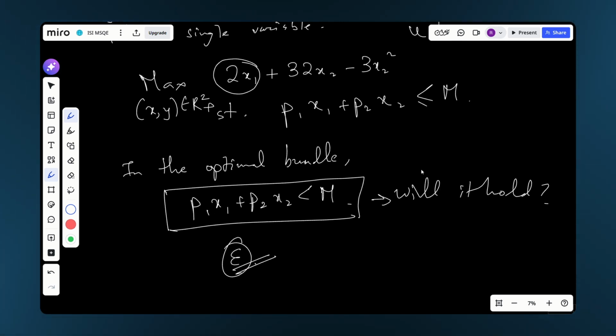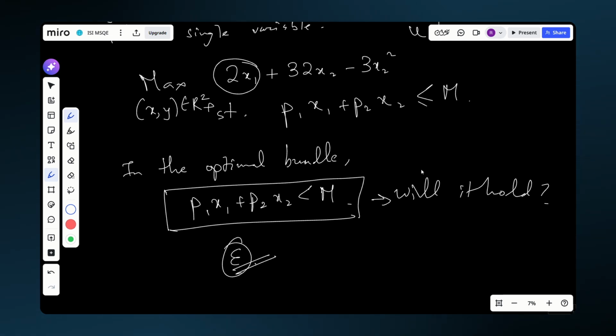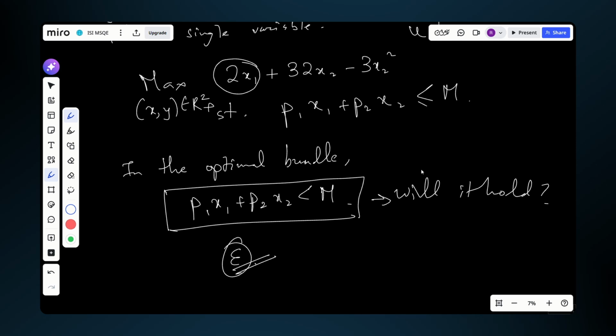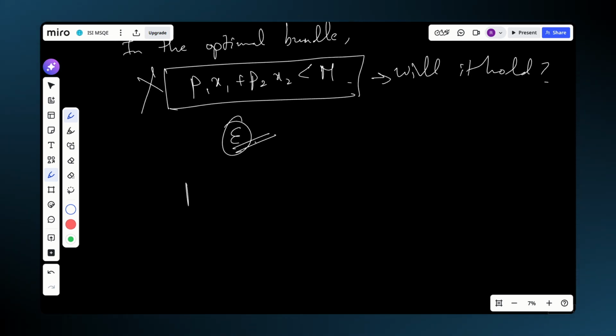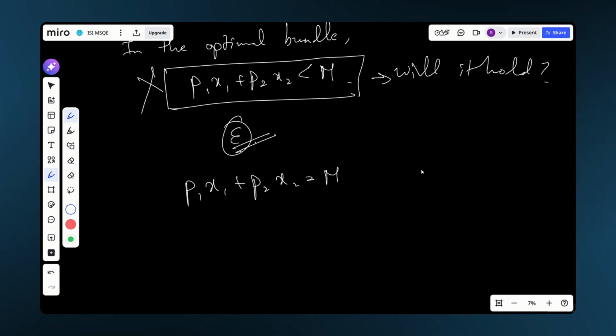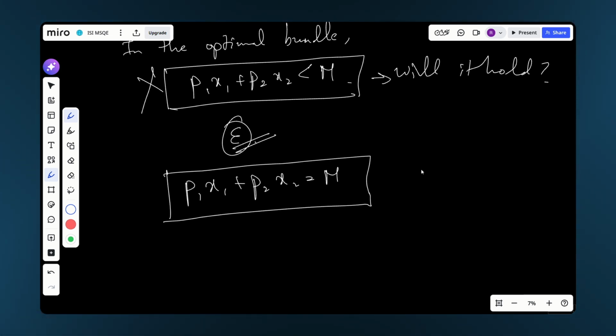So I will try not to waste or leave any money on the table. Whatever income I have, I will put everything into purchasing x1 and x2. So in the optimal bundle, this strict inequality will never hold; the budget constraint has to hold with equality every time.